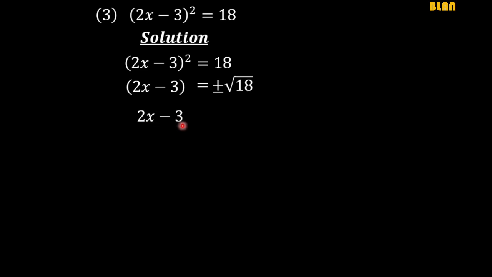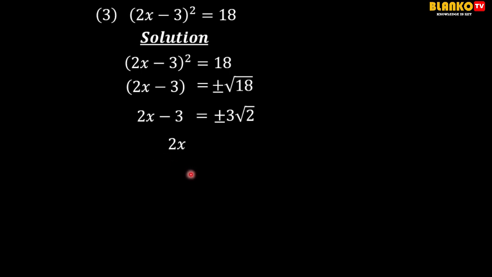So we have 2x minus 3 equals, now plus or minus the square root of 18 is equal to plus or minus 3 multiplying the square root of 2. I hope you understand. So to solve for x, let's add 3 to both sides.